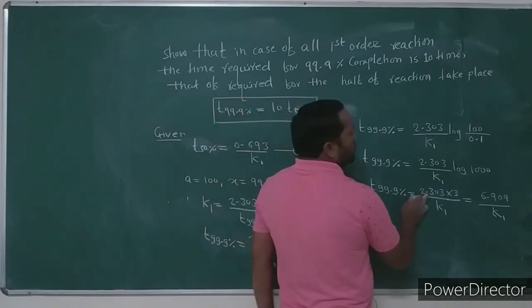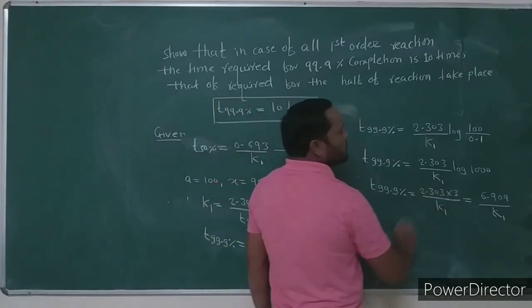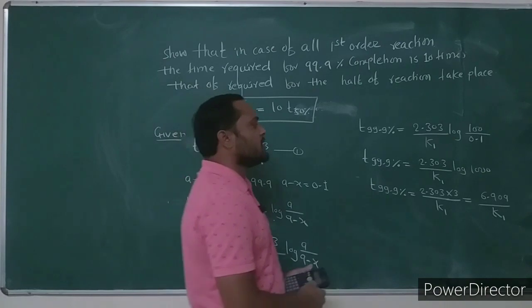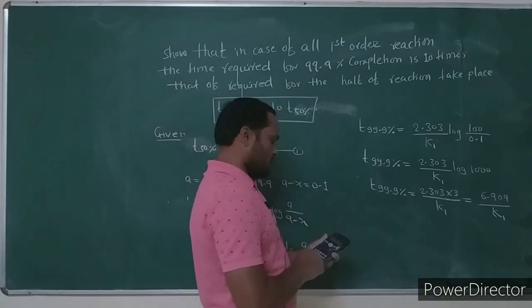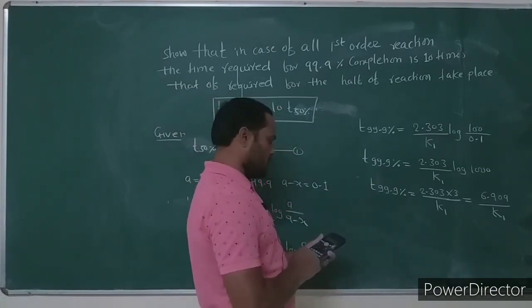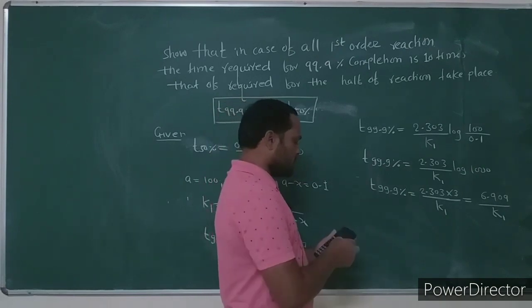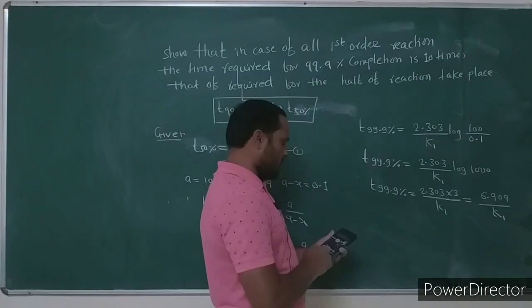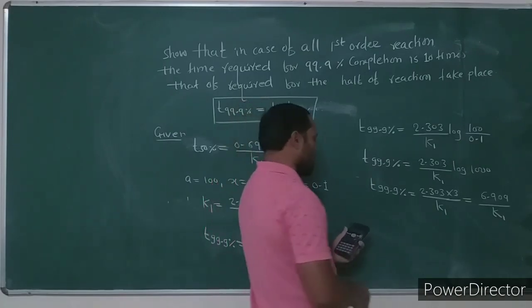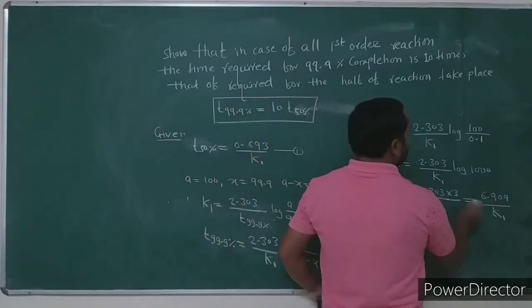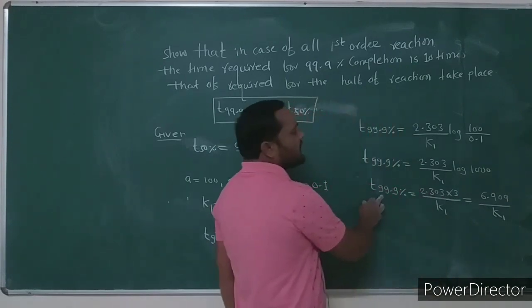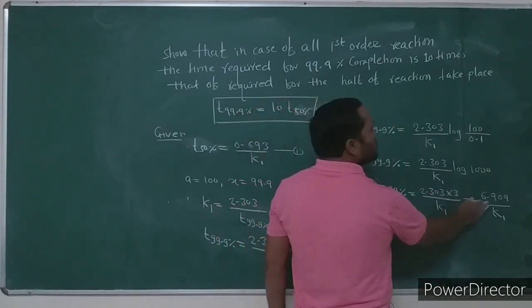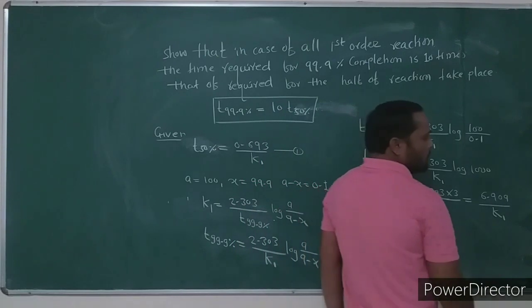That means 2.303 multiplied by 3 is 6.909. This is the equation 2.